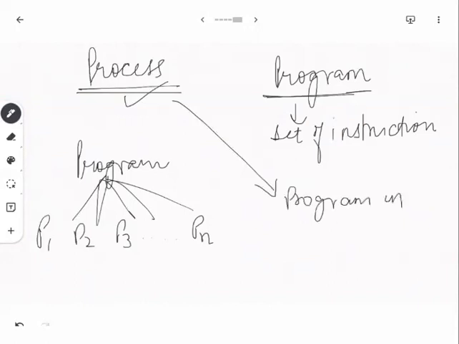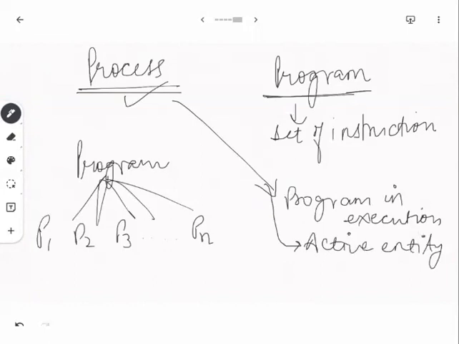We always say a process is a program in execution, and this process is your active entity. Because you are not actually executing a program; you are executing the processes generated by the program, and these are loaded into the RAM. So this is the active entity.